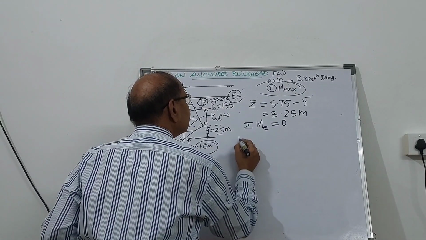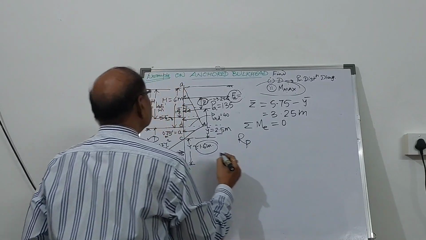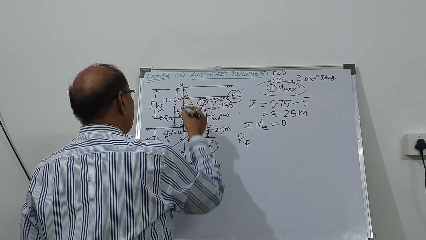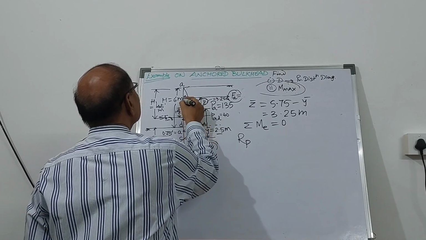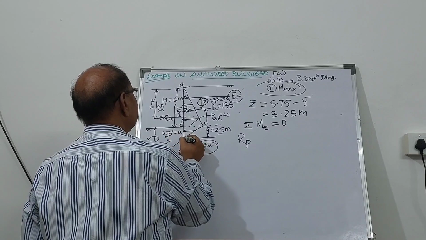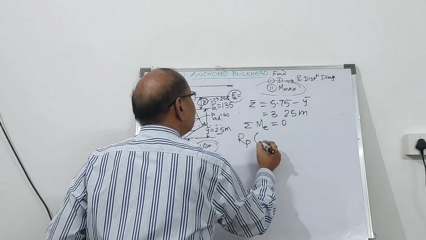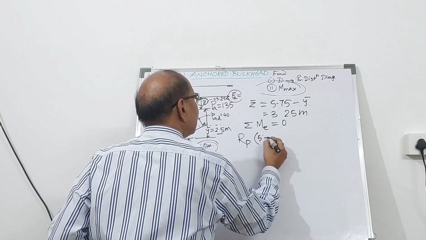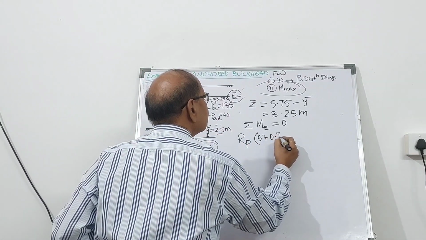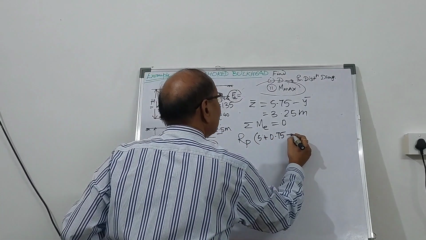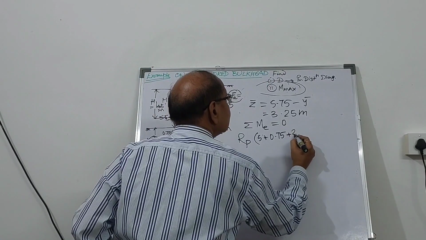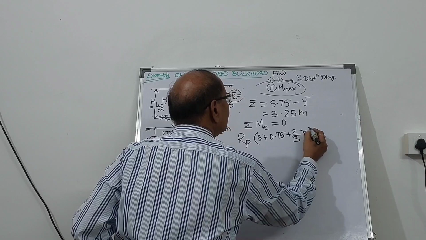So Rp, the passive resistance, multiplied by the distance up to point E. So from here to here, it is 5 meter plus 0.75 A. So Rp into 5 plus 0.75, plus there is going to be 2/3 of y.